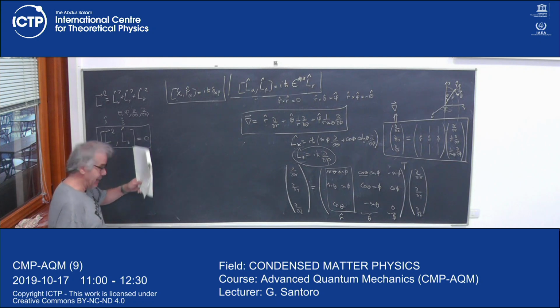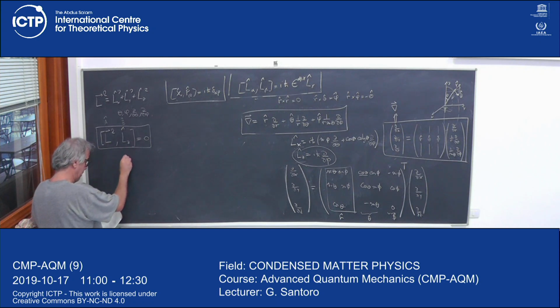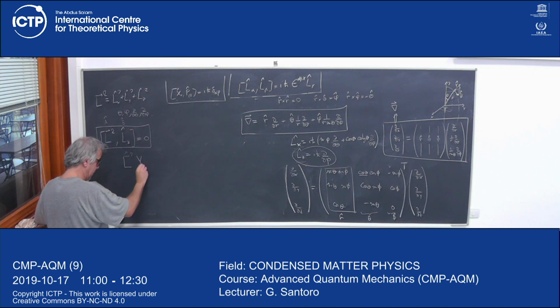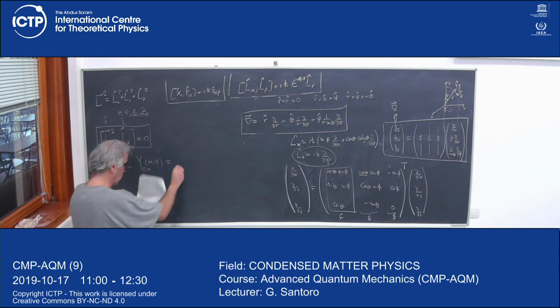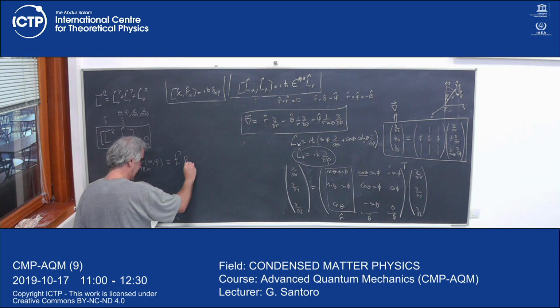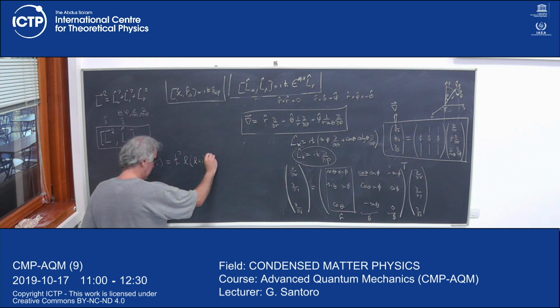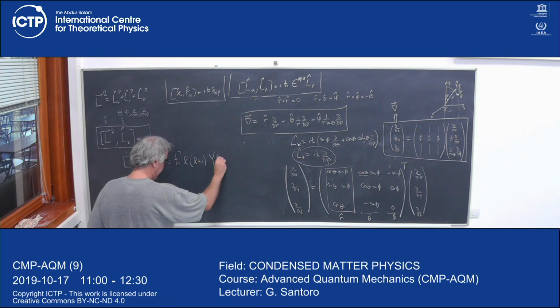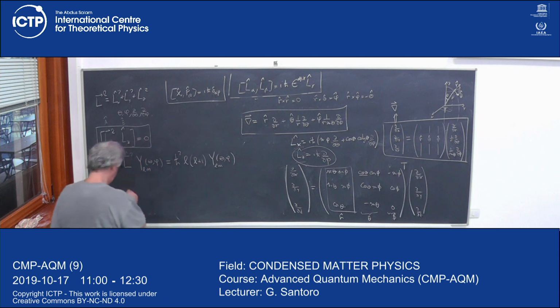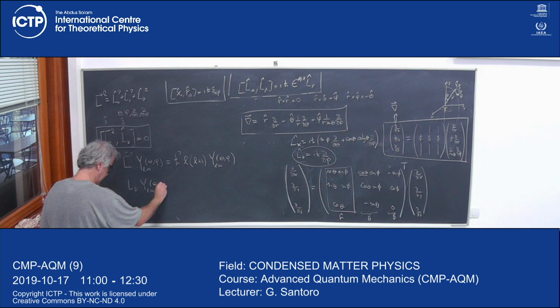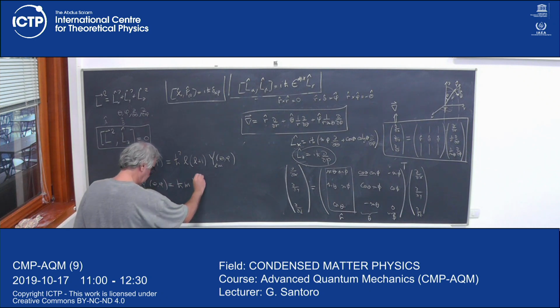They are called spherical harmonics. Okay? So you can prove that L squared on the spherical harmonic of index L and M with angles theta and phi is equal to h bar square L times L plus 1 times the spherical harmonic, and Lz on the spherical harmonic is equal to h bar M times the spherical harmonic.